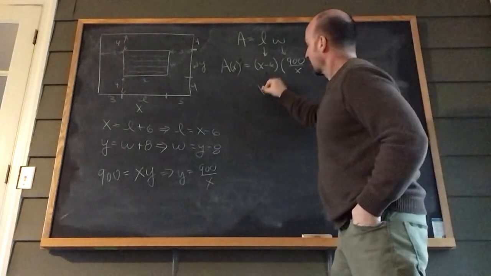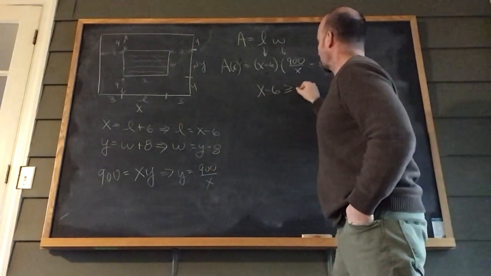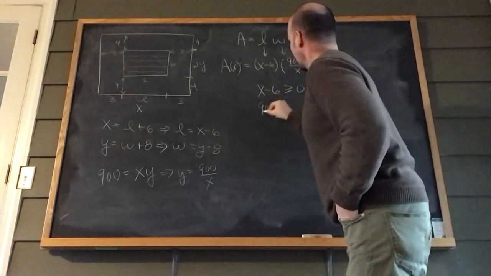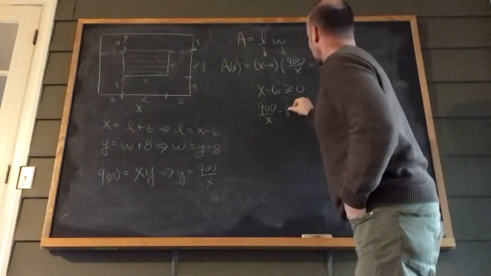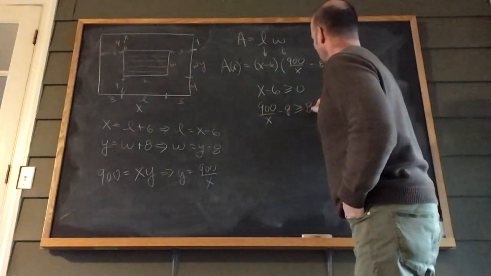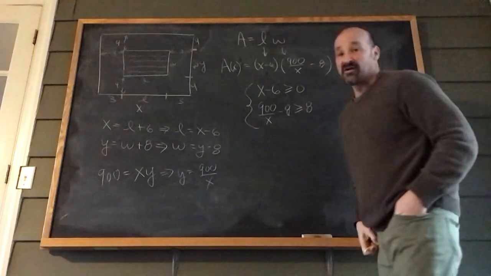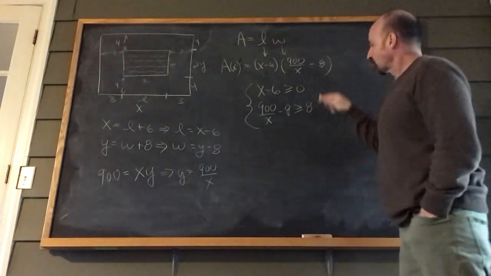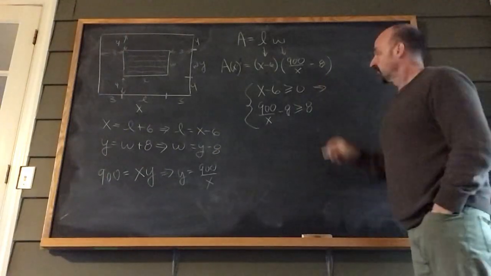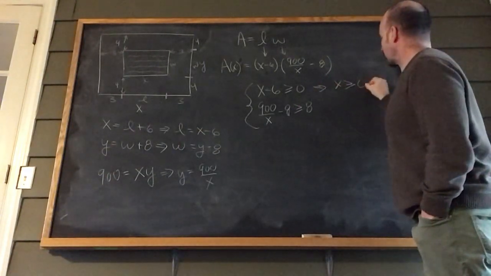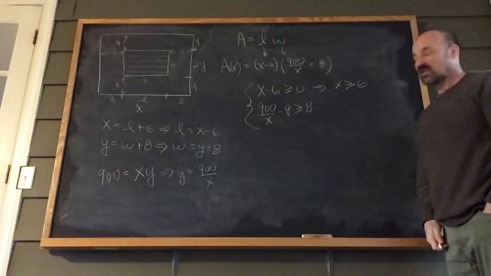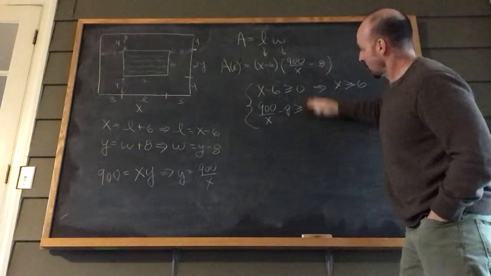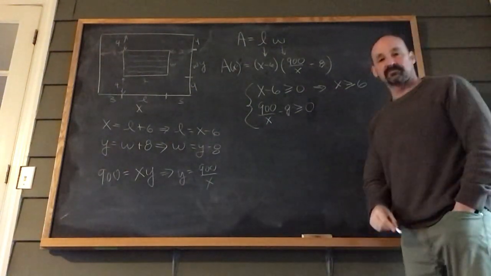So x minus 6 has got to be greater than or equal to 0, and 900 over x minus 8 has got to be greater than or equal to 0. These are the physical restrictions that I need to place on x. So we can easily solve this one. x has got to be greater than or equal to 6. And now to solve this one, oops, I wrote an 8 there. It has to be greater than or equal to 0.